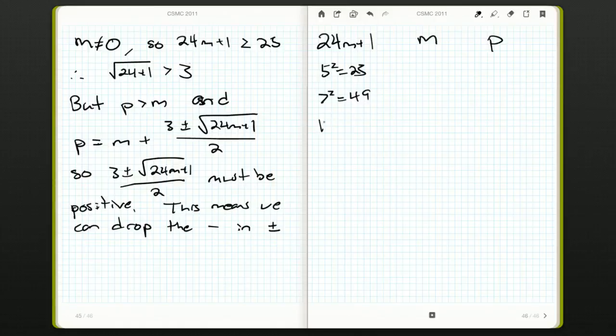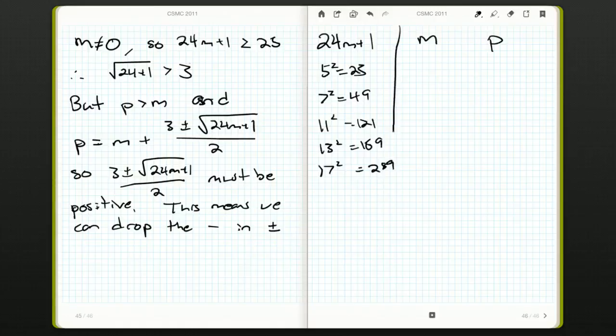Not 9 squared, so 11 squared equals 121. 13 squared equals 169. Not 15 squared, that's a multiple of 3. So we need the next odd square, 17 squared equals 289.